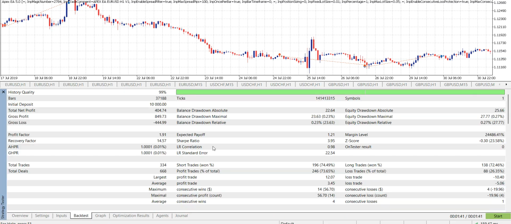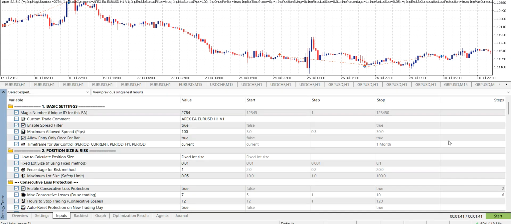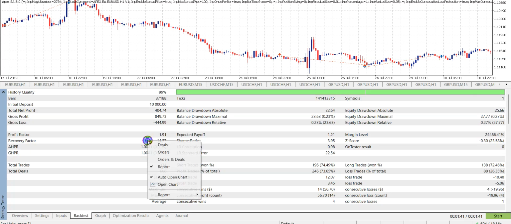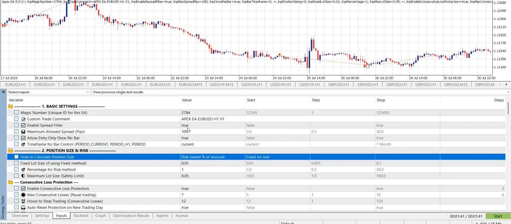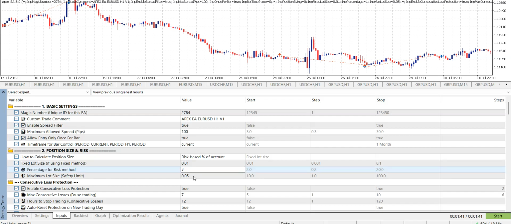Because we are heading towards something so insane that the old world is not going to come back. So I want to show you how it works with risk-based sizing, because now we used 0.01 lot, fantastic. So let's do 3% and 1 lot.